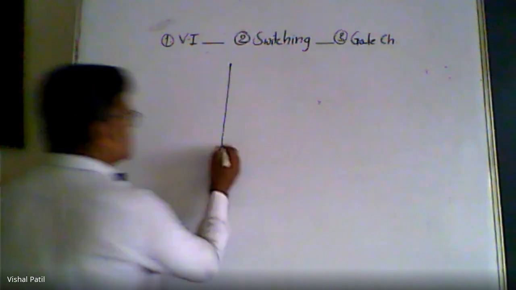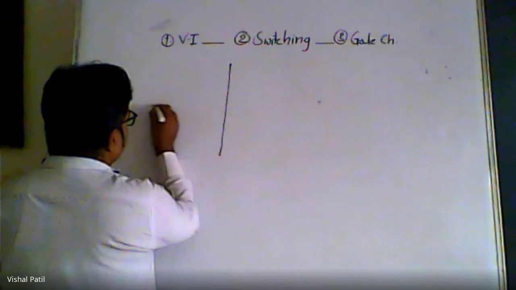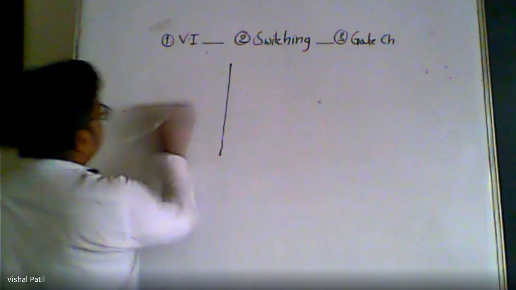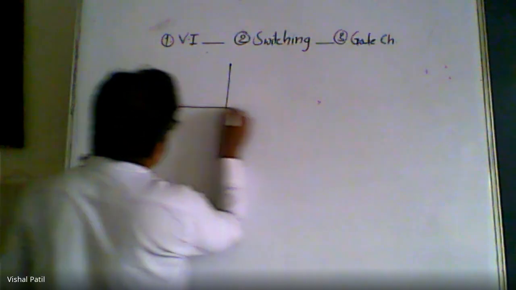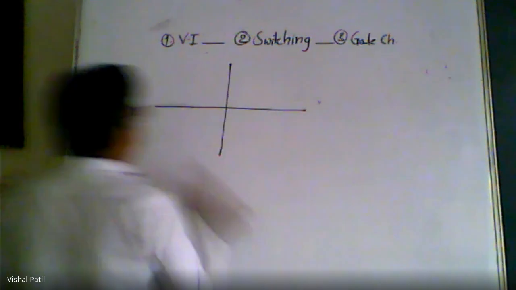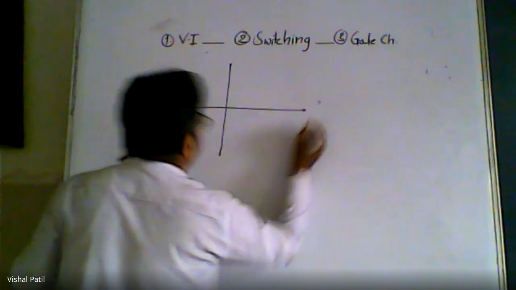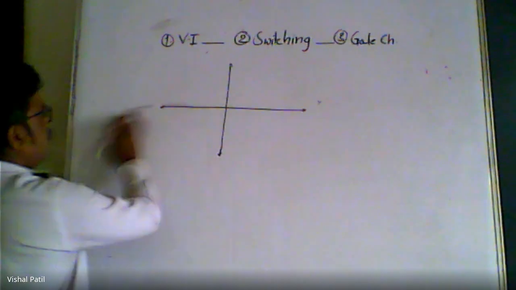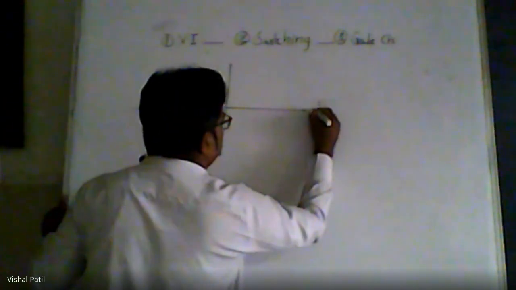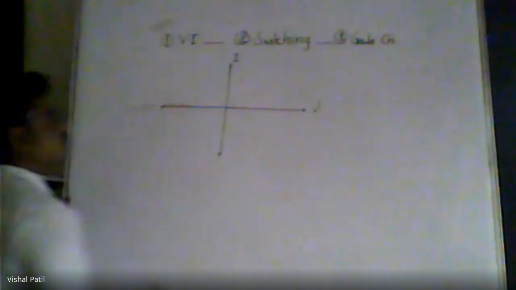So we will discuss VI characteristics. In case of VI characteristic, the voltage is always on the x-axis and current is on the y-axis.